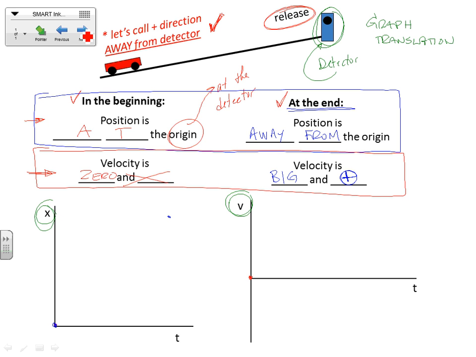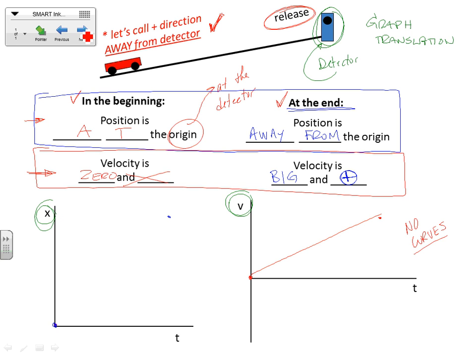Here's 0 velocity. At the end, the velocity is big and positive. Here's big positive. What I know is we never, ever have curves on velocity and time graphs. So for this one, all we have to do is this. There's our object that speeds up. Positive velocities, positive accelerations. Remember that from yesterday?